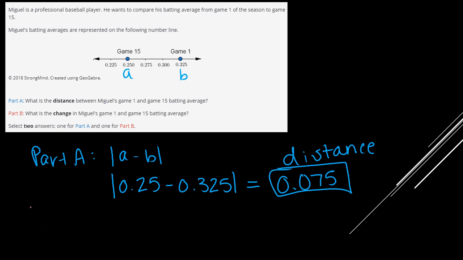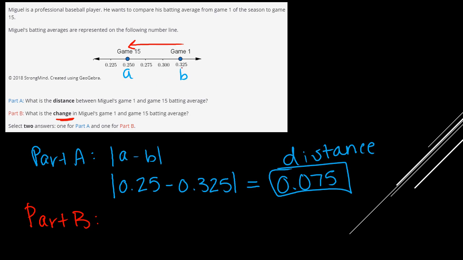Part B is asking us a little bit of a different question. So part B is saying, what is the change in Miguel's game from game 1 to game 15? So since Miguel's batting average in game 1 to game 15 went down, it decreased. That means I should expect my answer to be negative because he's decreasing.